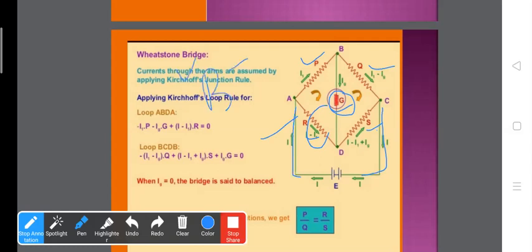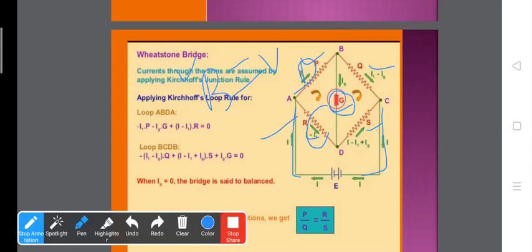VB equal to VD. Clear? So if the resistance is adjusted so that the galvanometer shows no deflection, then the points B and D will be at the same potential. Hence, no current will flow through the arm BD of the circuit. So the bridge is said to be in balanced condition.